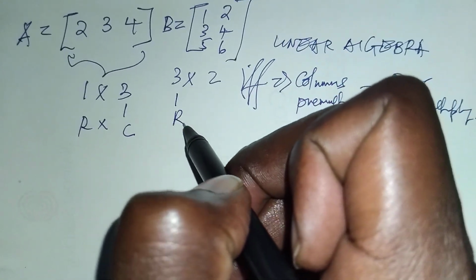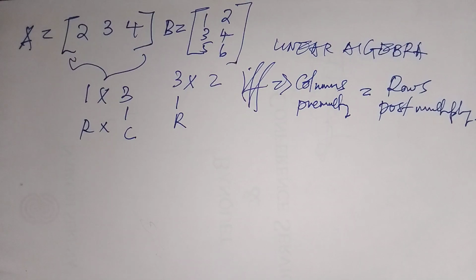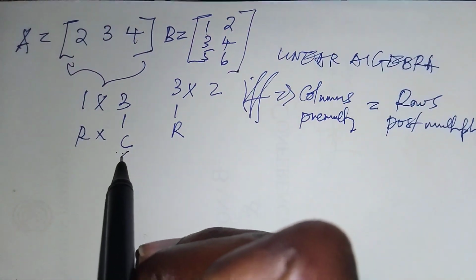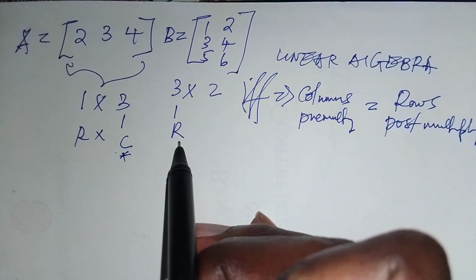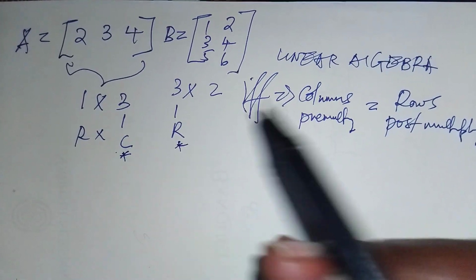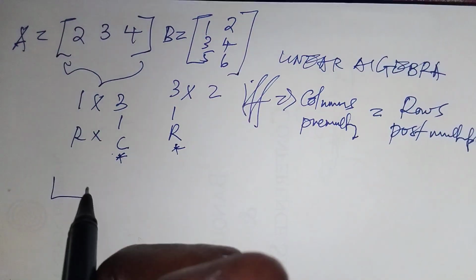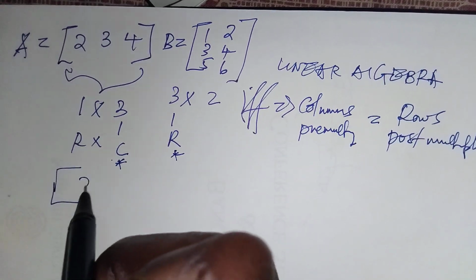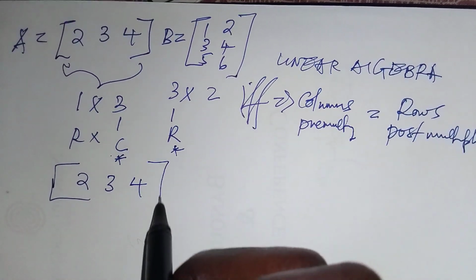So you have the rows as being 3. So you are saying the number of columns in the pre-multiply matrix should be equal to the number of rows in the post-multiply matrix, so that we can now do multiplication of those two matrices.